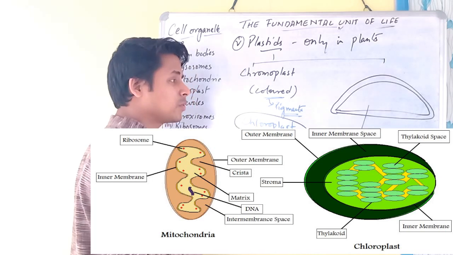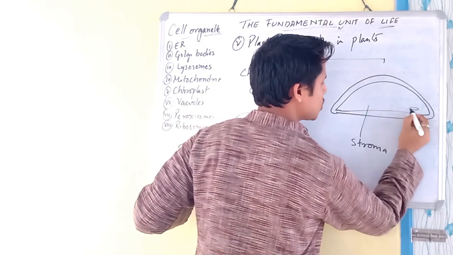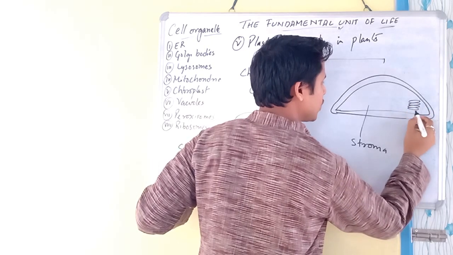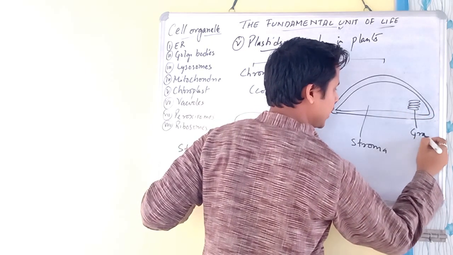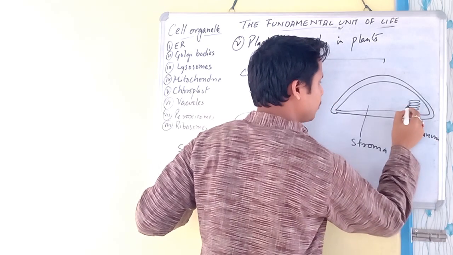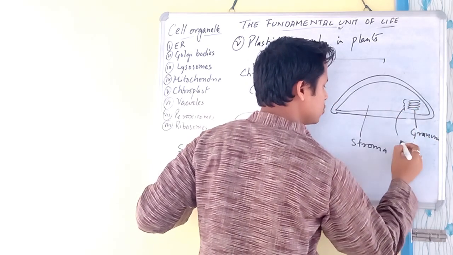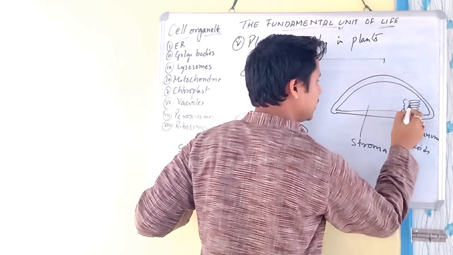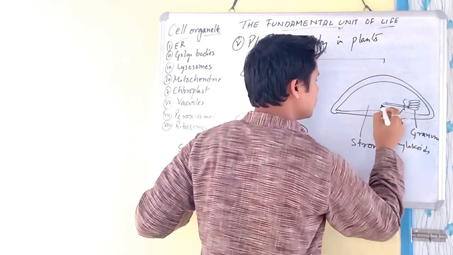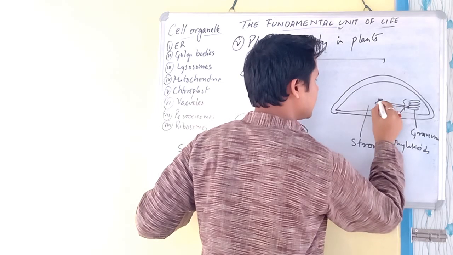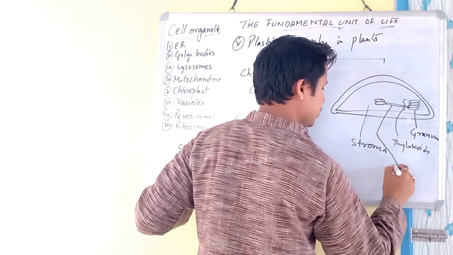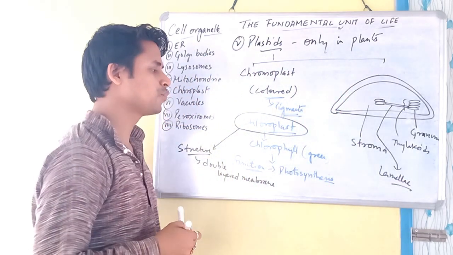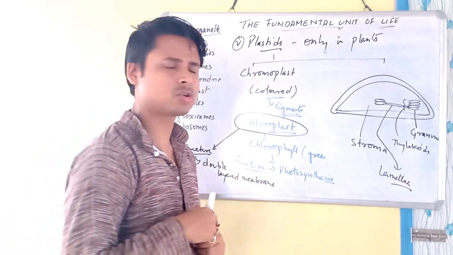The gap which is present is called stroma, and it has coin-like structures. One coin-like structure is known as a granum, and this whole stack is known as thylakoids. These are connected like this, and this connection we call lamella, or stroma lamella.